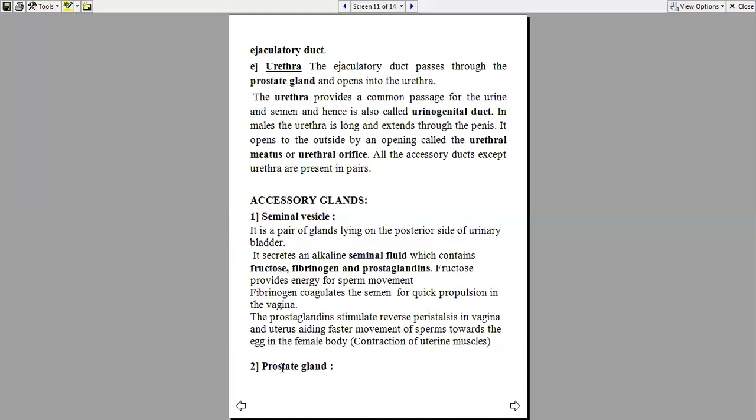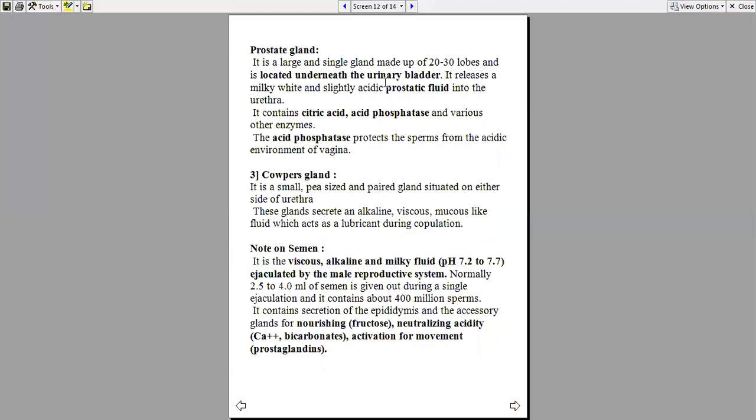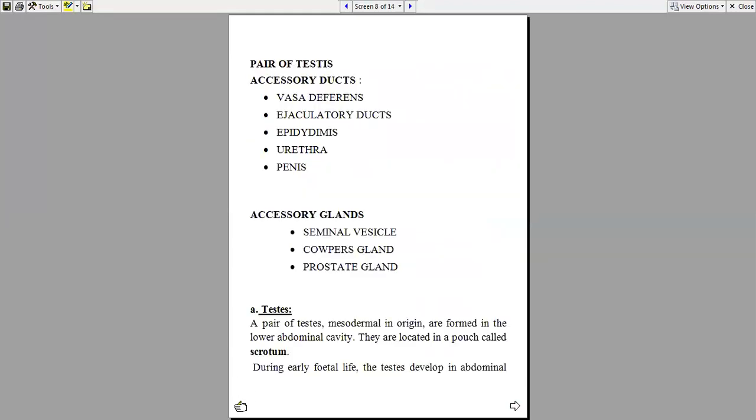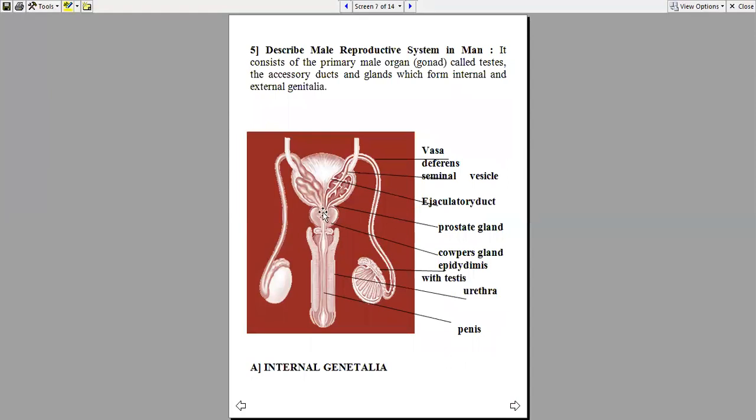The second gland is the prostate gland. Its position, as seen in the diagram, is underneath the urinary bladder, surrounding the urethra. It is again single.